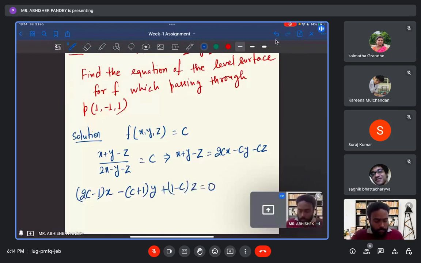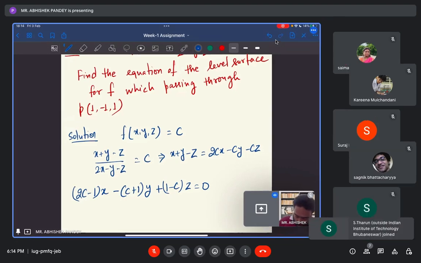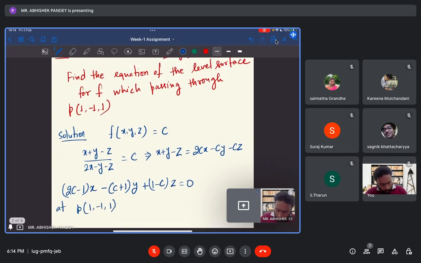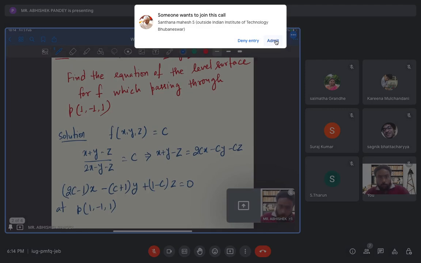Now this level surface passes through the point 1 comma minus 1 comma 1. Once you put x equals 1, y equals minus 1 and z equals 1, it will satisfy the equation.